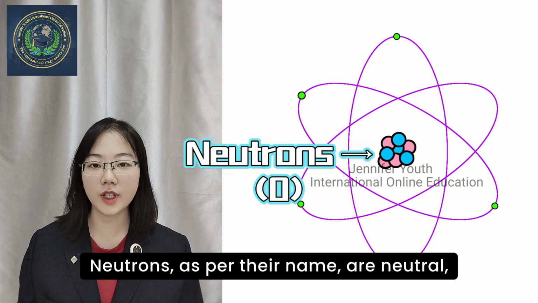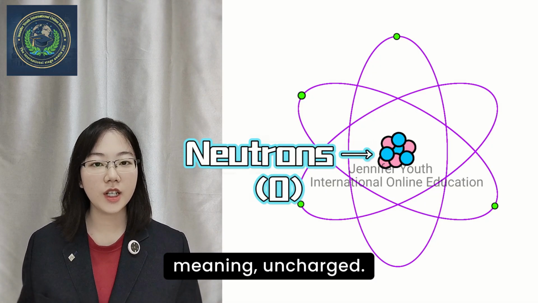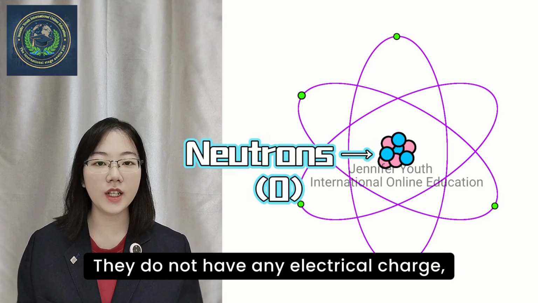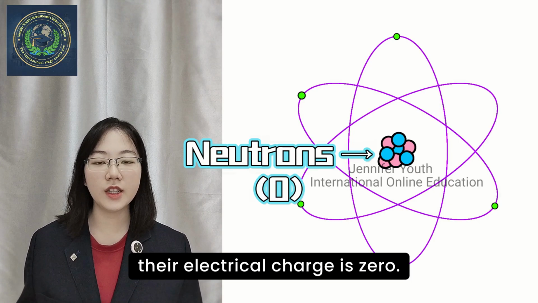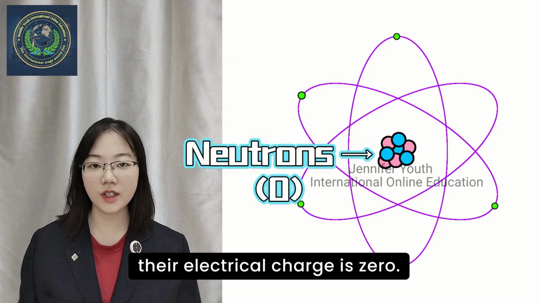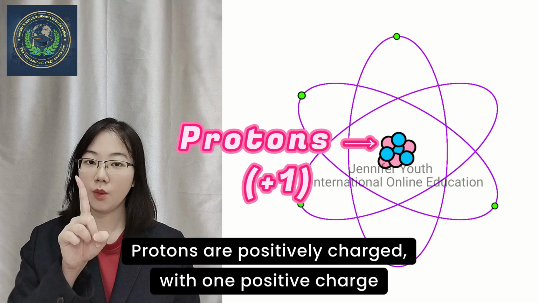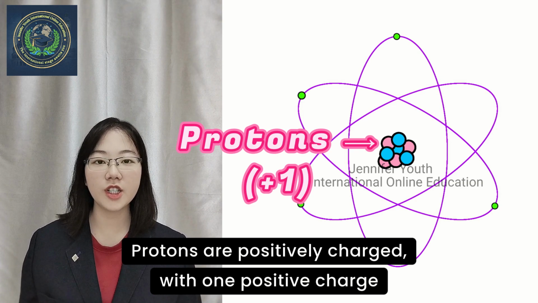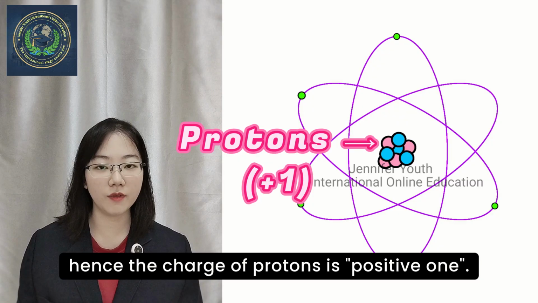Neutrons, as per their name, are neutral, meaning uncharged. They do not have any electrical charge, or as can be said, their electrical charge is zero. Protons are positively charged with one positive charge. Hence, the charge of protons is positive 1.